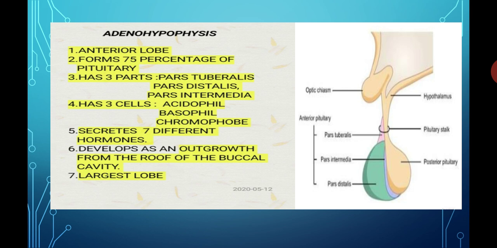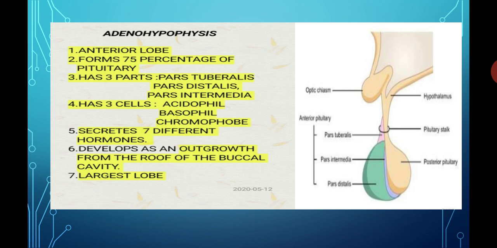Adenohypophysis, point 1, it is the anterior lobe of a pituitary gland. Number 2, it is the largest lobe of a pituitary gland. Number 3, it forms 75% of the pituitary gland.